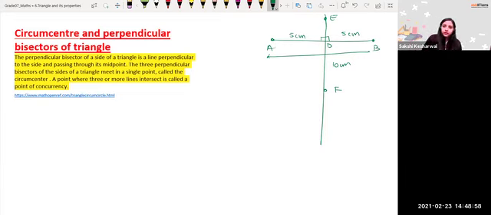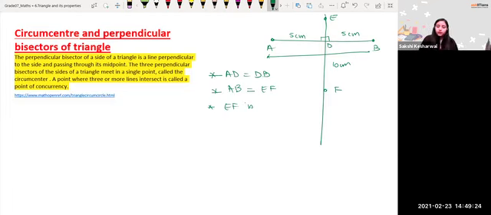So from here we say that AD is equal to DB, and AB is perpendicular to EF. Now, EF is dividing AB, AB is not dividing EF.